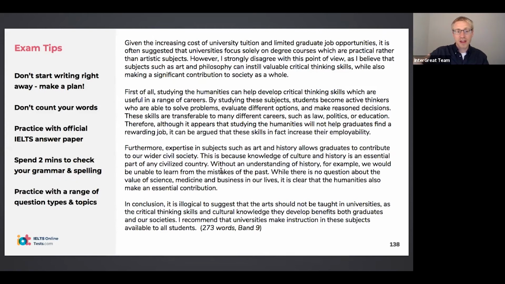So you can write 2 paragraphs about the side that you agree with and 1 paragraph about the side that you disagree with. And that's another way to show both sides of the topic. So there are different ways to fully answer the question. But as you said, Mary, for getting a really high score, fully answering the question, it is good to consider a little bit of the other point of view as well.